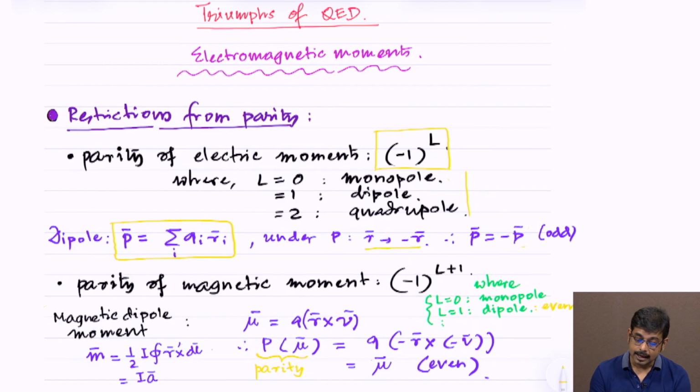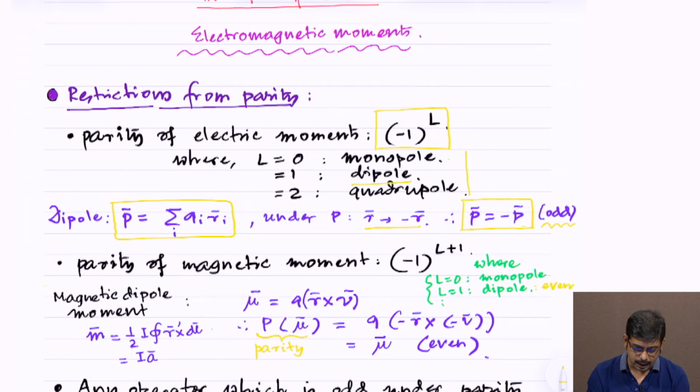So, you can say that the dipole moment goes to minus P, or this is odd under parity. So, we have to make sure that the dipole remains odd under parity. With minus 1 to the power L, where L equal to 1, this becomes odd under parity, and so the monopole will be L equal to 0 and quadrupole will be L equal to 2. You can visualize it like that.